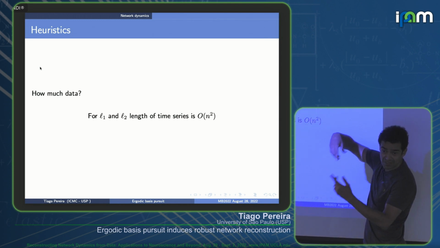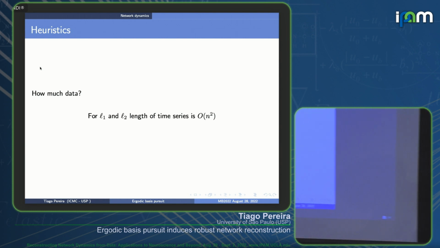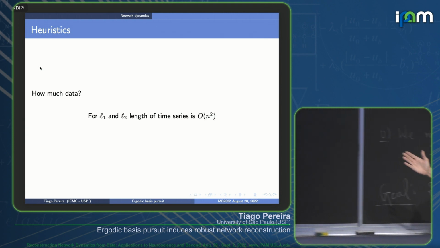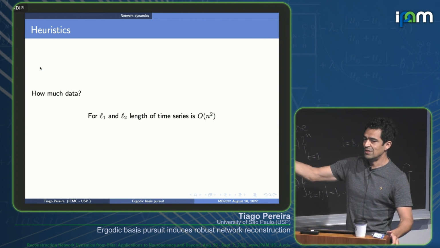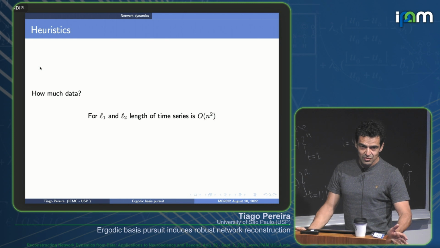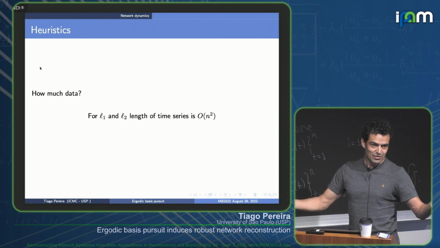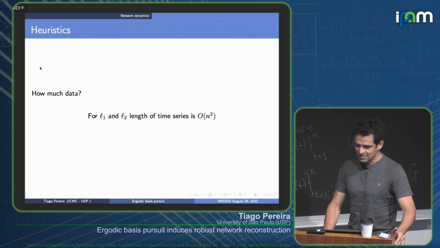It would depend on the degree of the polynomials and so on. But usually you really need a lot of data. So in this case, you see, we need 400 data points. The network was 10, so it's really n squared times 4. So if you're thinking of a large network, thousands by thousands, you now need millions of data points, which is not possible, right? So if you want the least squares to work.